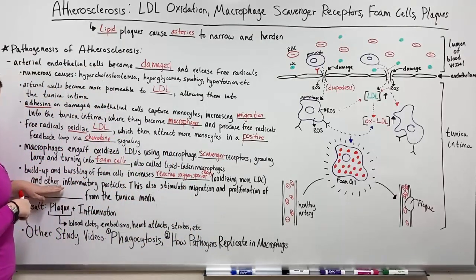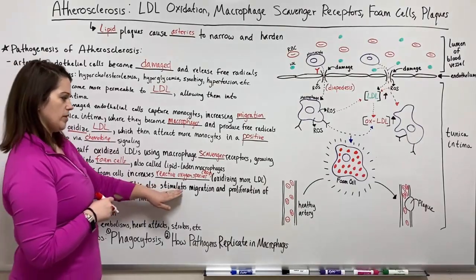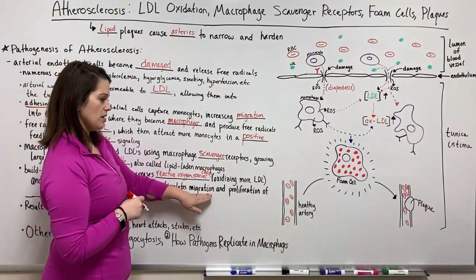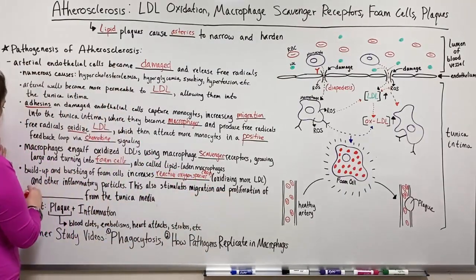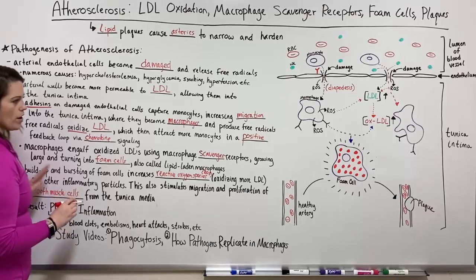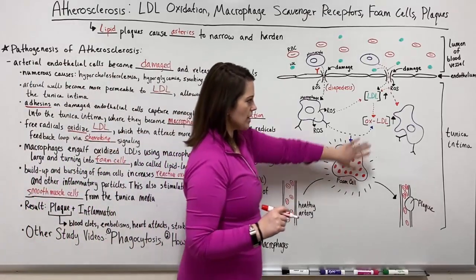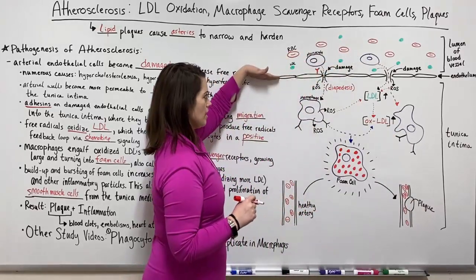That also results in other inflammatory particles coming in. It also stimulates migration and proliferation of smooth muscle cells. And where are these coming from? Underneath the tunica intima, remember you've got the lumen out here, there's the endothelium.